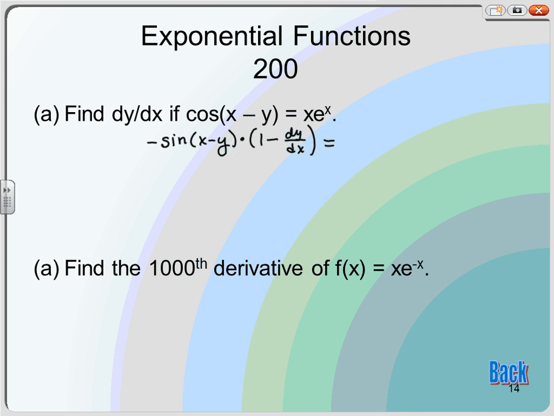Okay, equals, so this means the product rule, so I have x times e to the x. So first times derivative of second plus derivative of first times the second. Okay, so I'm solving for dy over dx, which is a lot of simplifying here. You can pull out an e to the x for this part.